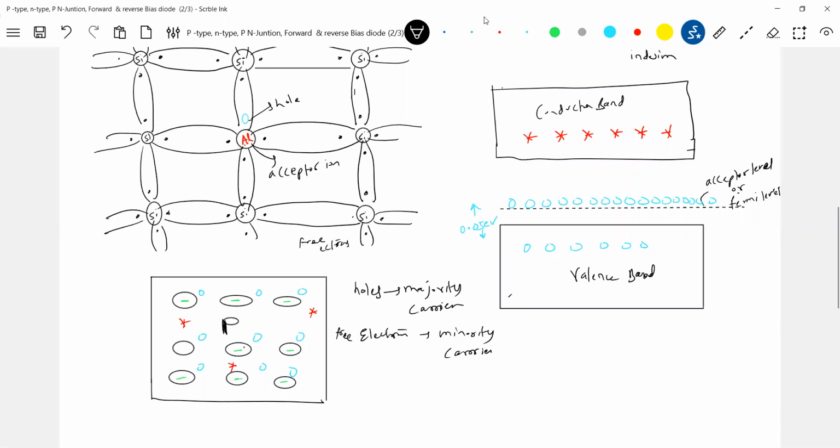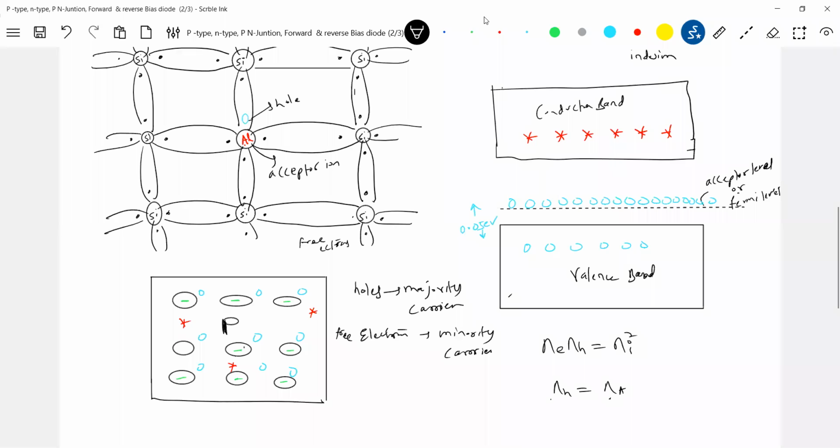We are not bothered about valence electrons in the valence band. When I say electron, it's a free electron only. And again, here the same formula: NH is equal to Na. However many trivalent impurity atoms are added, that many holes will be generated.